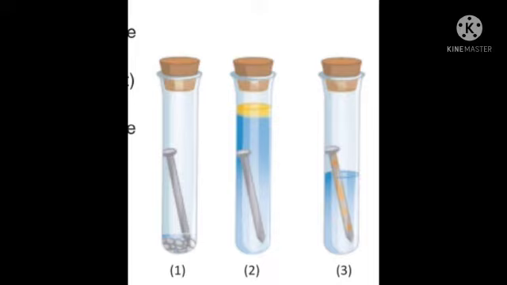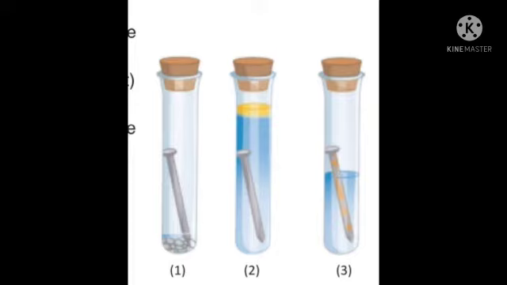Add a little anhydrous calcium chloride, the dehydrating agent, to dry the air in test tube 1. Pour boiled and distilled water into test tube 2 and add some vegetable oil to it to keep out the air. Boiling the water removes dissolved oxygen.